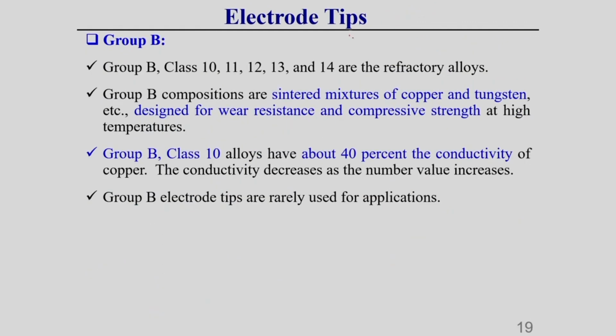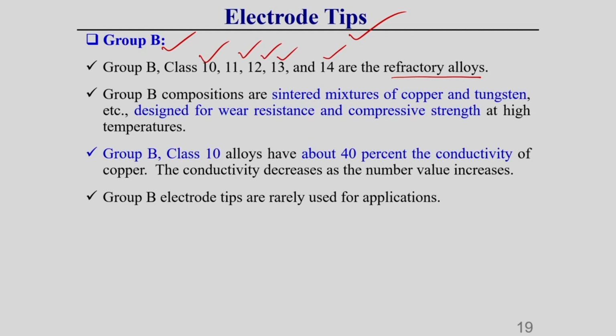Now the electrode tip for Group B types of electrode. These Group B electrodes are further classified into 5 different categories, that is Group B with some class, like Group B Class 10, 11, 12, then 13 and 14. Now this Group B electrode tip is generally made using refractory types of alloy. This refractory alloy is generally a sintered mixture of copper and tungsten.